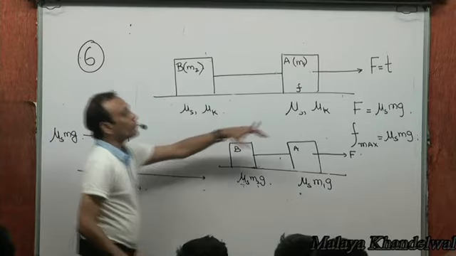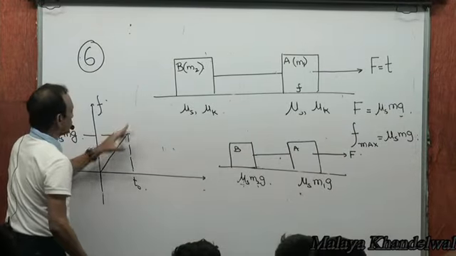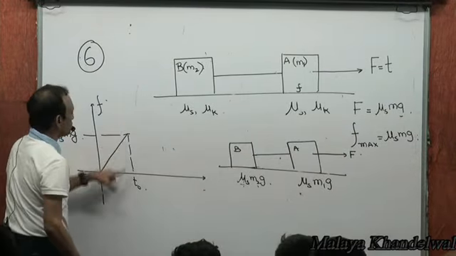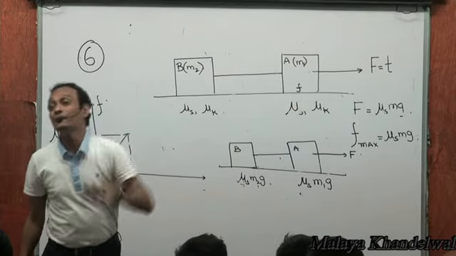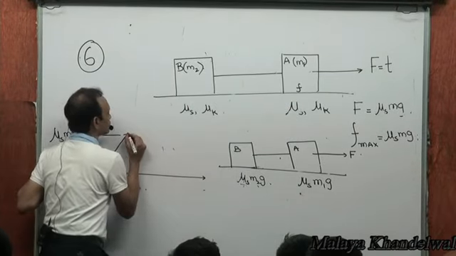So when capital F becomes equal to mu s mg at some t equal to t naught, friction also becomes equal to mu s mg. But when capital F increases beyond mu s mg, the frictional force between A and the ground will remain the same. For some time, it remains the same and it will remain static.